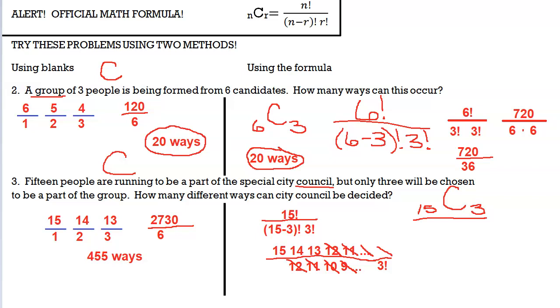They really just cancel out. So all you really have here, after everything cancels out, is 15 times 14 times 13 on top, and then 3 factorial, which is 3 times 2 times 1 on bottom, which, I don't know if you've noticed this, is exactly what we had over here.